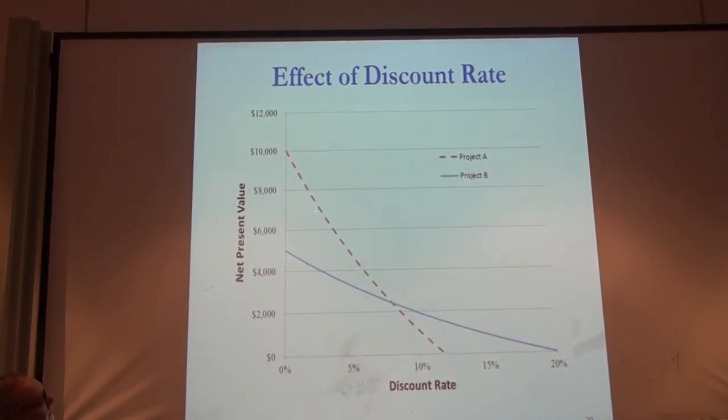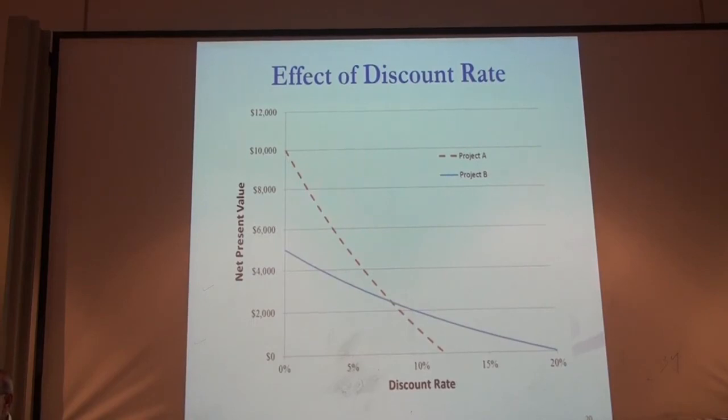As we start increasing the discount rate, initially project A has a higher present value. Comparing to project B, we can see that it has a higher net present value, so this is a good project. But at around 7 to 8%, these two projects become almost equal. And then if the discount rate is further increased, we see that project B has a higher net present value than project A. So this means that our analysis will differ from country to country.